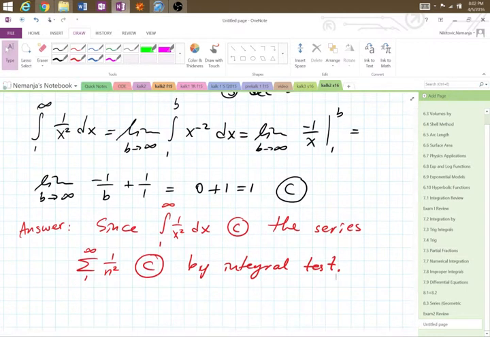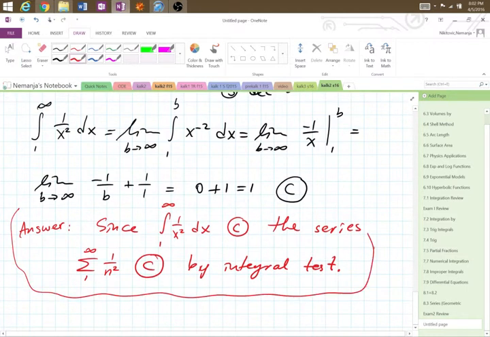And that is your answer. So we do all of these calculations before we make any conclusions.